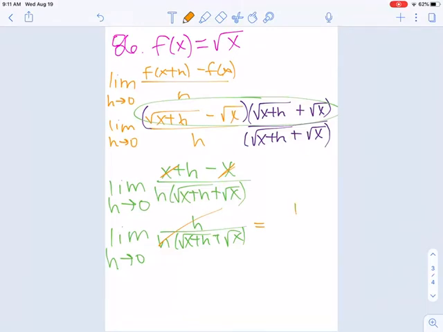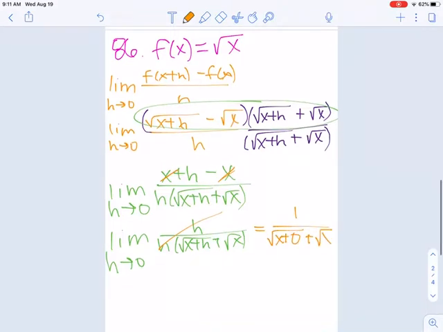Those h's cancel, and we can now use our direct substitution. So 1 is left in our numerator because the h is canceled. We have the square root of x plus 0 plus the square root of x. So we end up with 1 over 2 square root of x as our answer.